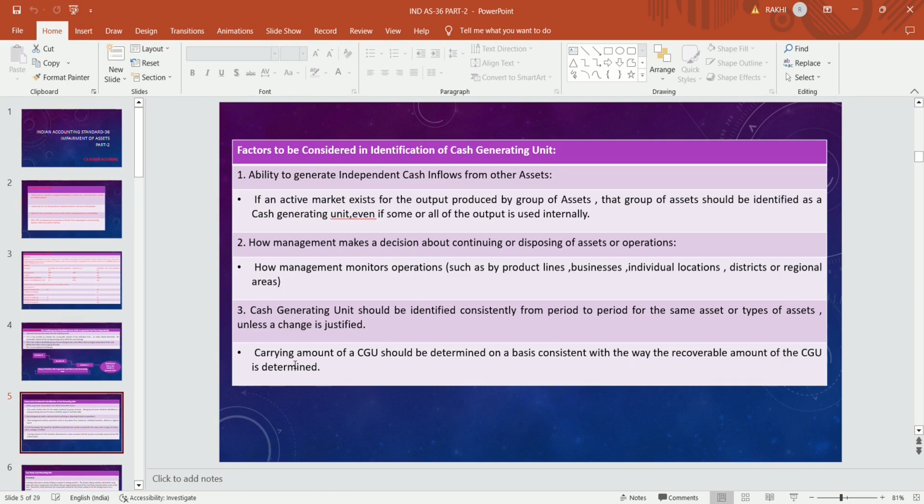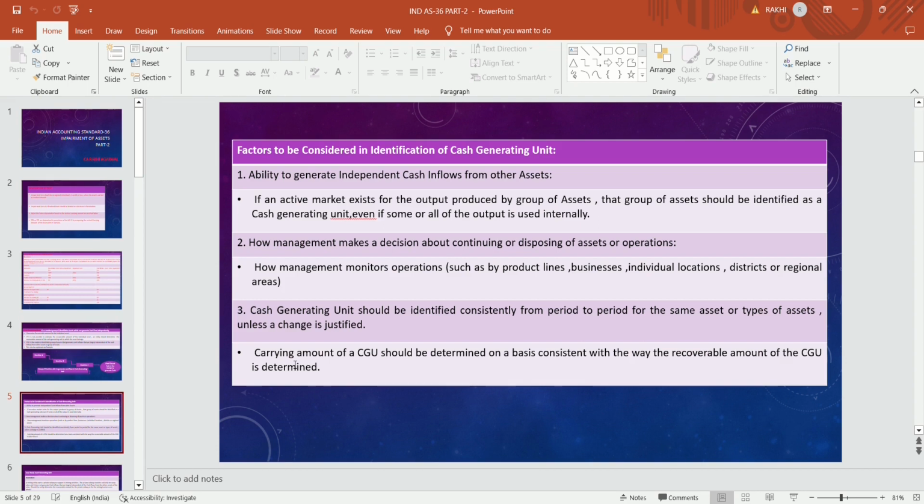The carrying amount of the CGU should be determined on a basis consistent with the way the recoverable amount of the CGU is determined. It should be consistent with the recoverable amount of the CGU.